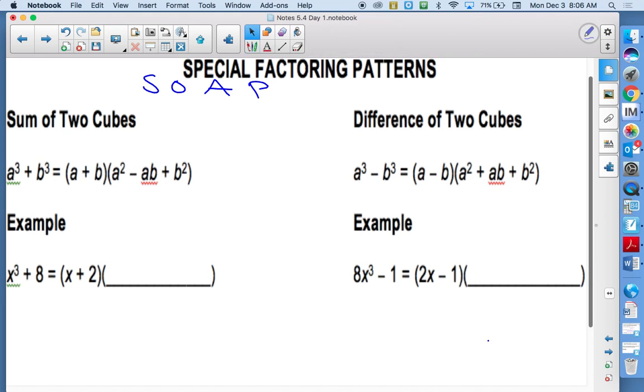So the sum of 2 cubes, the formula works. The S stands for the same sign. So if you look at the pattern, I have a cubed plus b cubed. So to get it to factor, we have a plus b. So if this is a plus, my first sign is a plus. This is a way to help us remember the signs that go in the middle. O stands for the opposite sign.